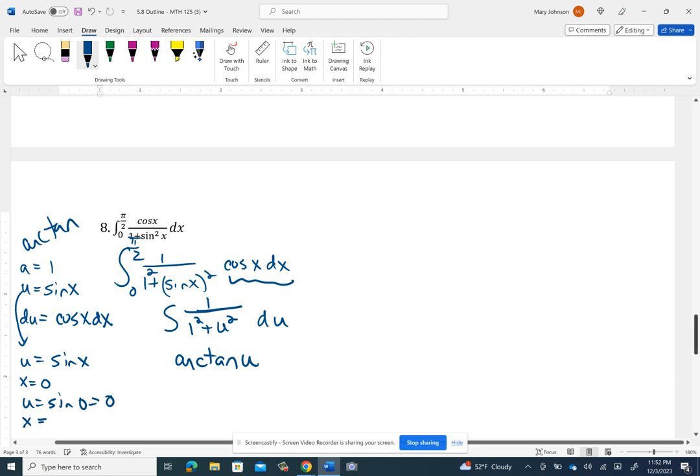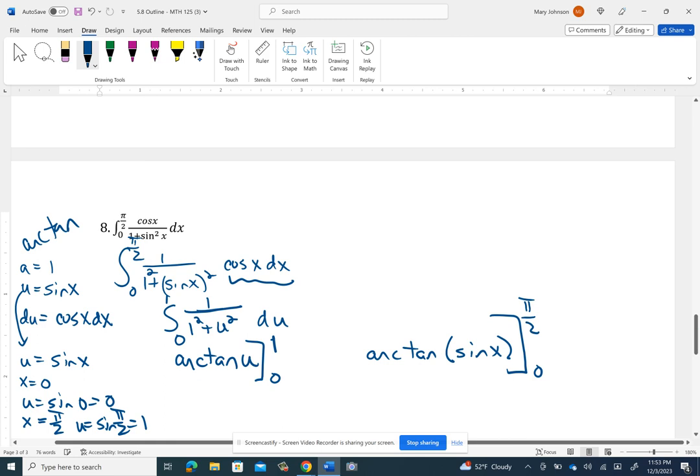If x equals pi over 2, then u would equal the sine of pi over 2, which would equal 1. So that means I could evaluate this from 0 to 1. The limits would be 0 to 1. Now, if I didn't want to do that, I could have gone back to putting in my u, and then I would have had to evaluate from 0 to pi over 2.